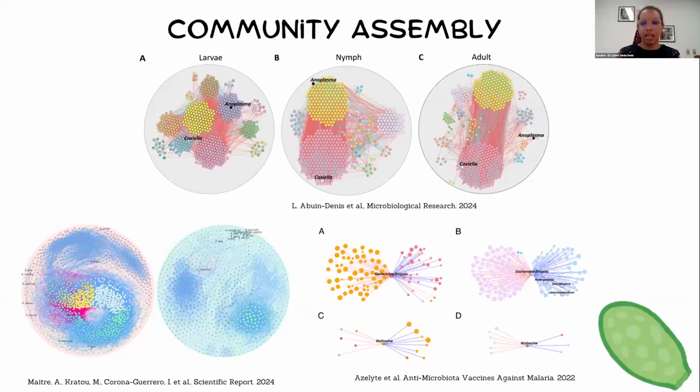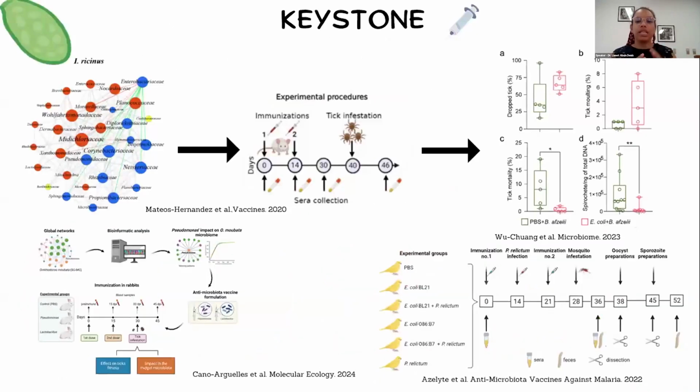Another important point that we evaluate using this structure of the microbial network is the selection of keystones. For us, a keystone is a bacterium that is present in all the conditions with high centrality and high relative abundance.